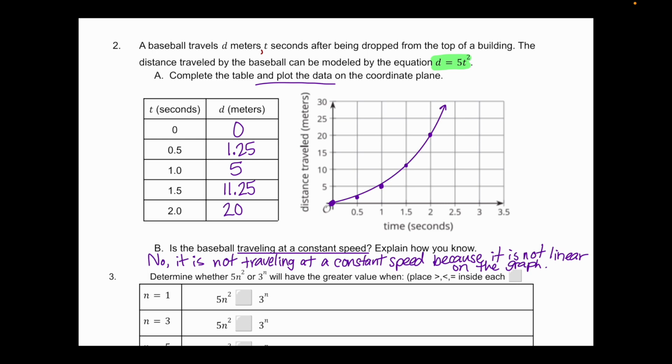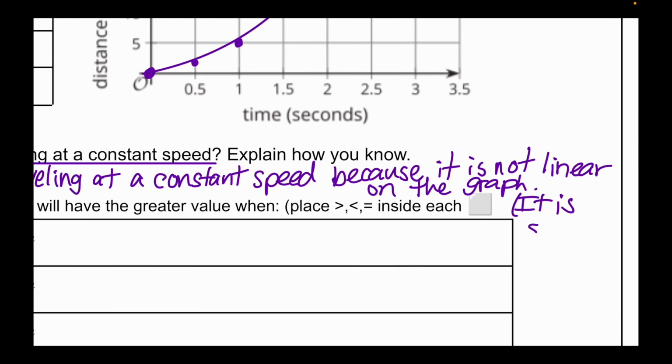We can even also say it is speeding up, because of gravity, it's going to fall faster and faster and faster.